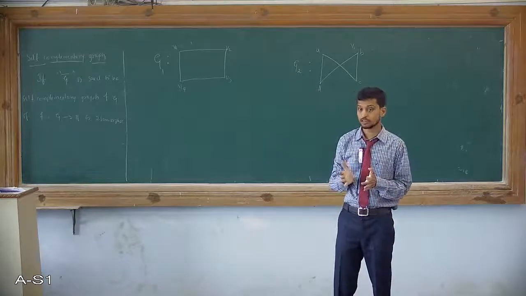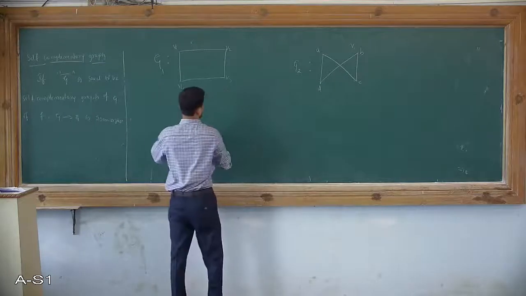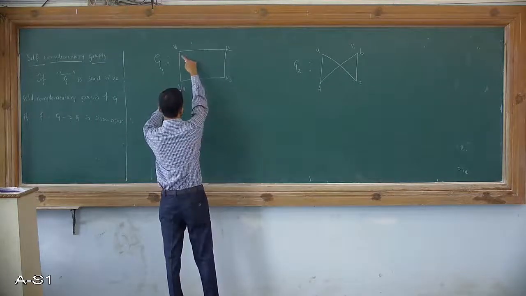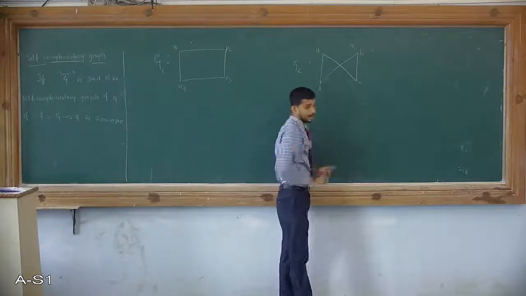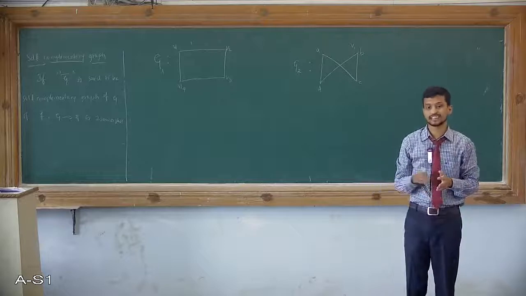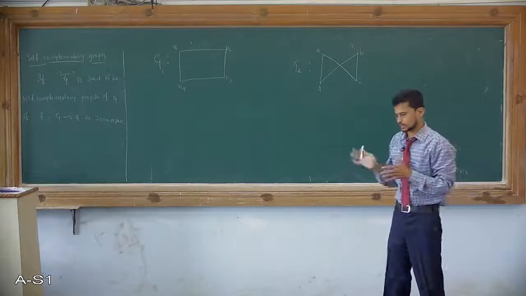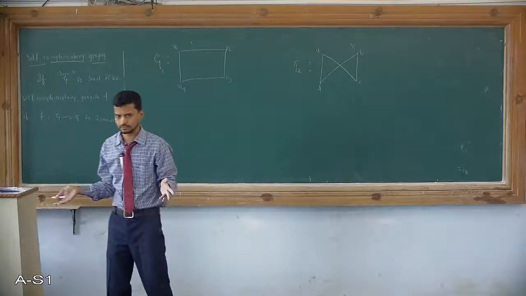Very important, they are not complementary. Why? Because V1 and V4 are adjacent in G1, and A and D are also adjacent in G2. So they are not complementary graphs, but they are isomorphic. Sometimes two graphs may be isomorphic without being the complement of each other.